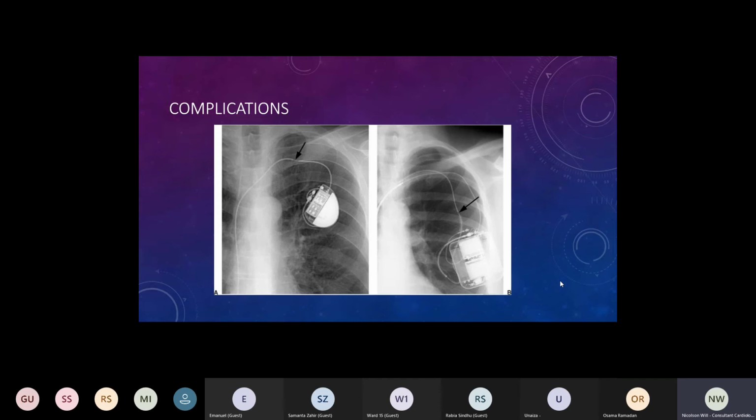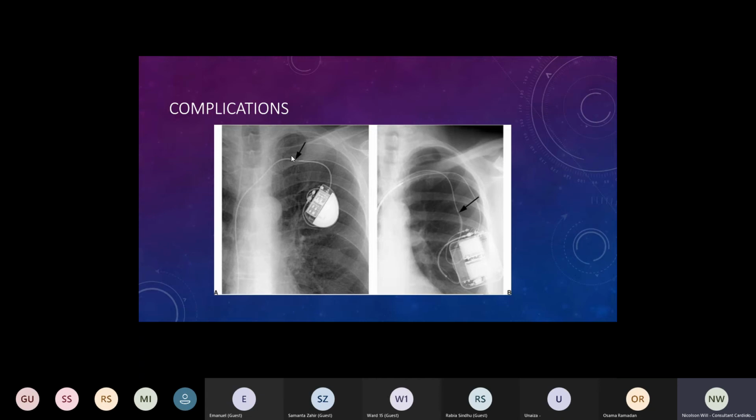What about this complication? You may not be able to see so well, but can you look at the lead throughout the course down and round and here under the collarbone, under the clavicle, we have what's called subclavian crush.